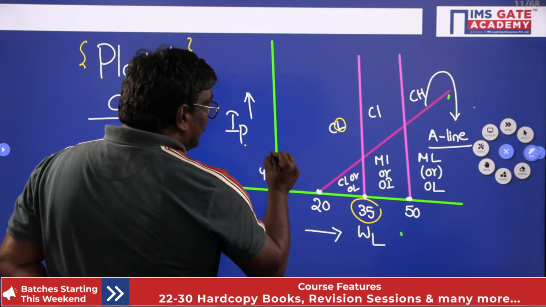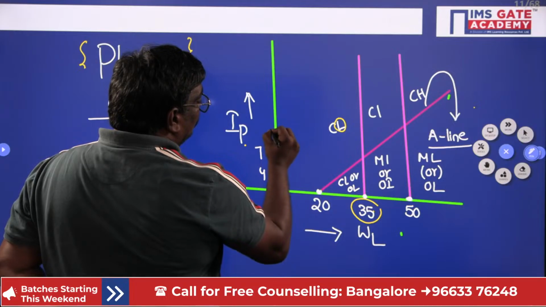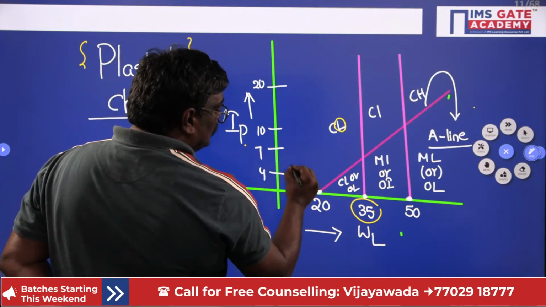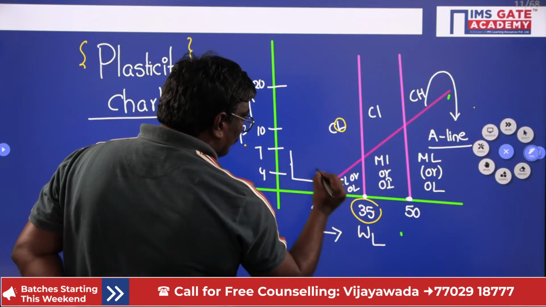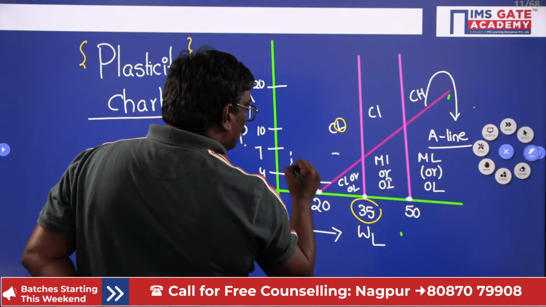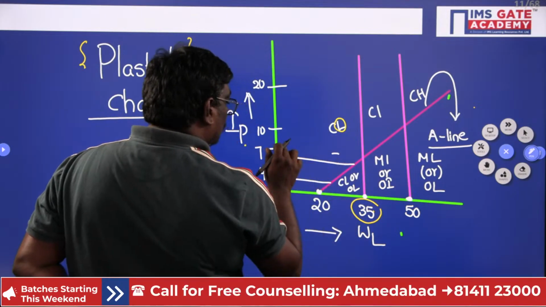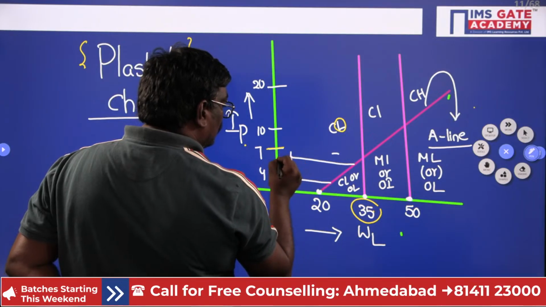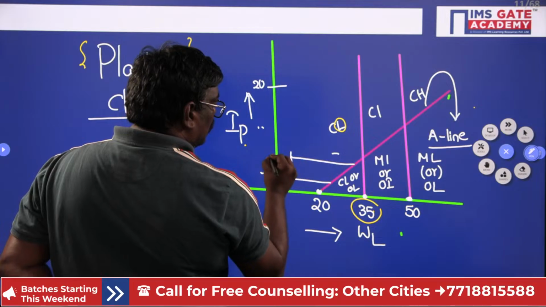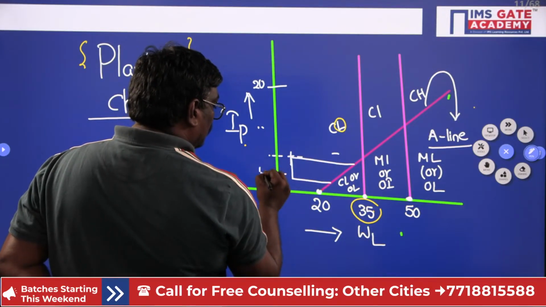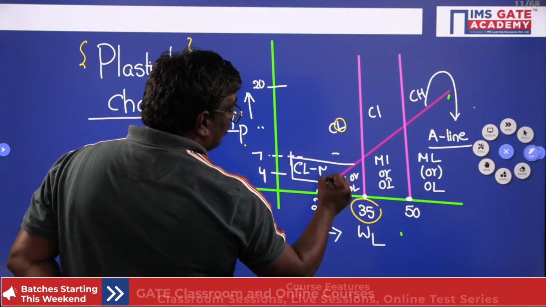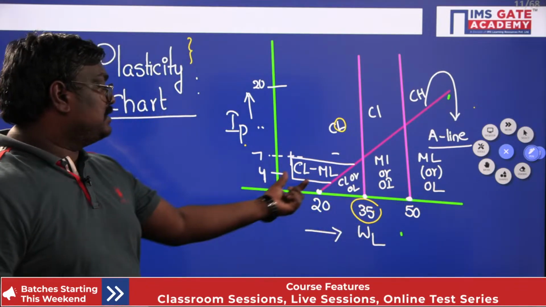Now see students, at plasticity index 4 to 7, there will be CL-ML, so understand this concept, student.